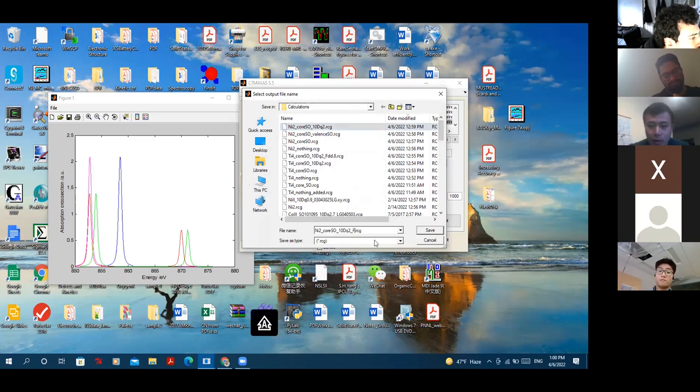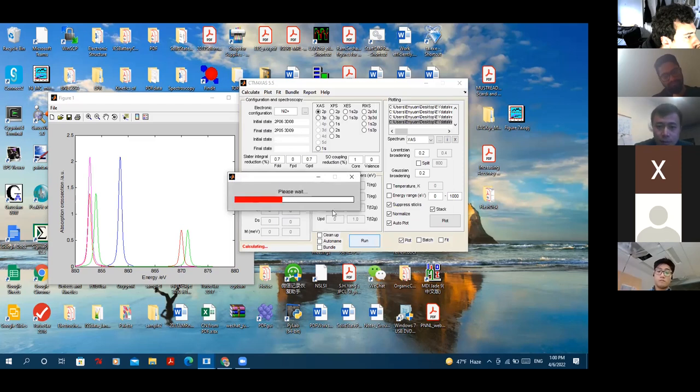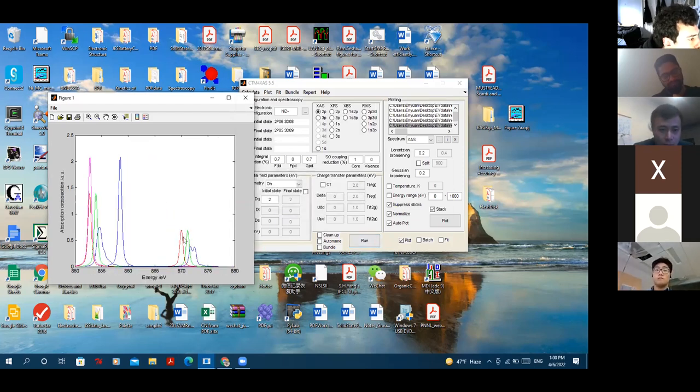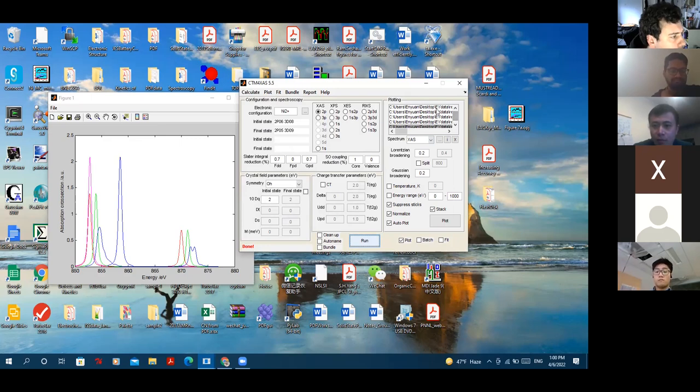So now we have F, DD, and GDD considered. Okay. I think the first one and the last one both have blue, so I'll just delete the first one. They're not interfering.